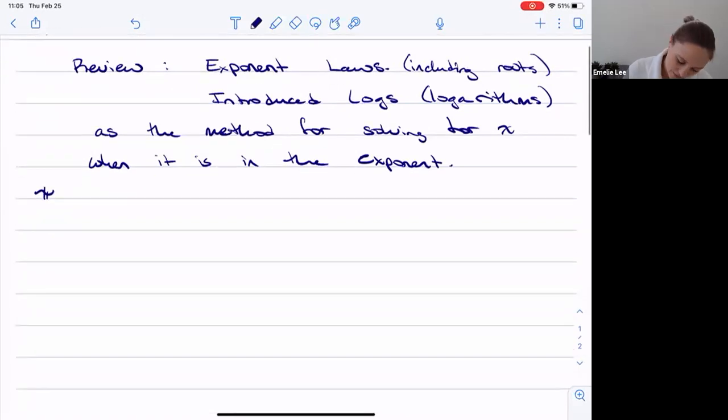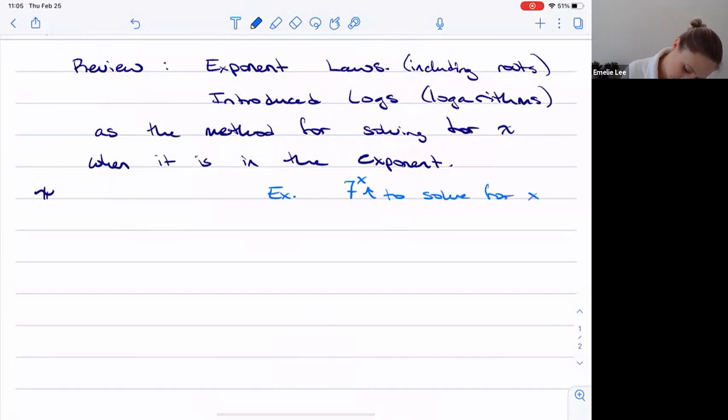For example, if you have 7 to the power of x and you want to solve for x, we need logs.